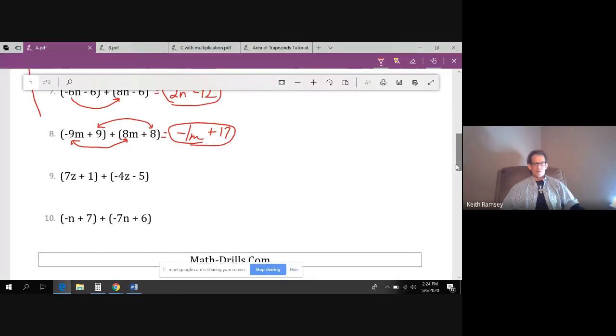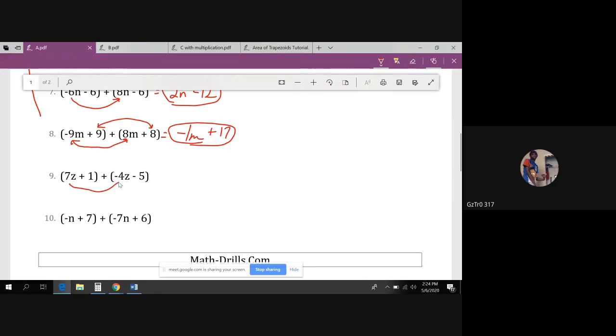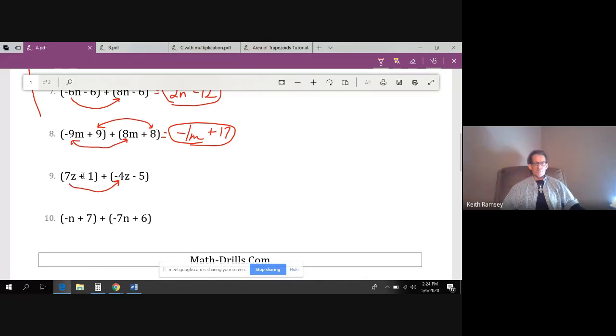Okay, let's scroll down a little bit. I think there's a couple more here. What goes with this z? Well, this -4z. So 7 plus -4 is going to be 3z. 1 minus 5, so 1 plus a -5, is going to be a -4. That's number 9.